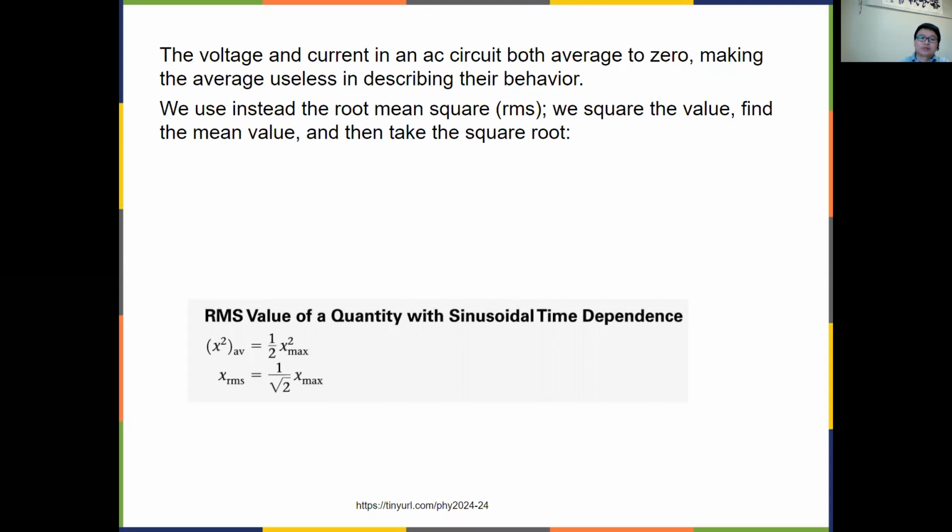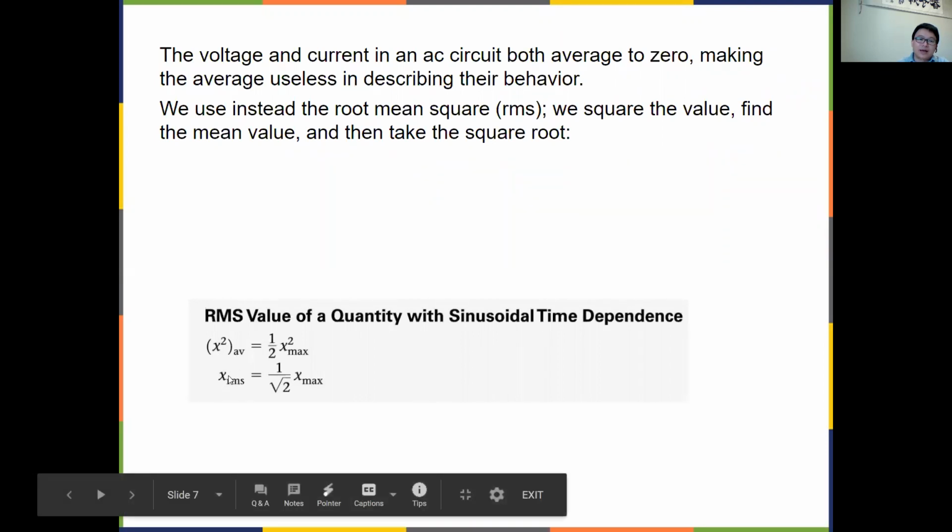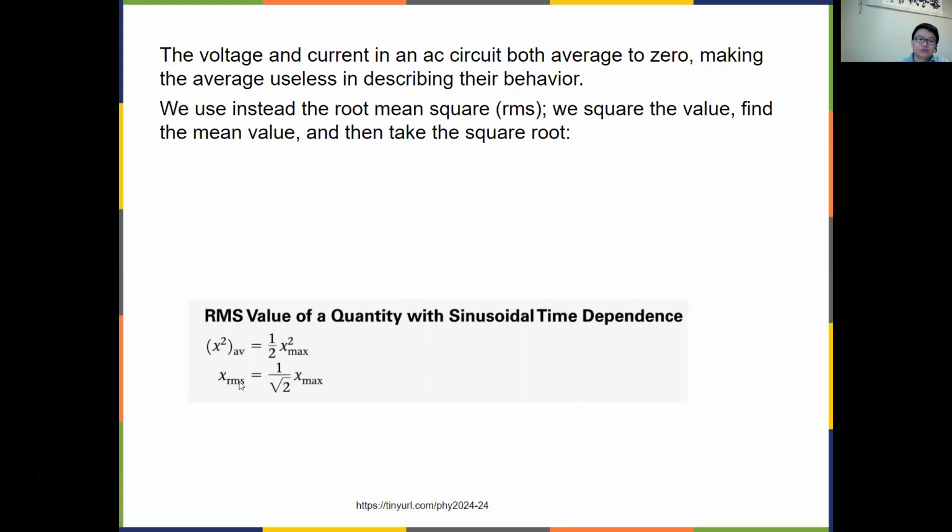This is just a quick review of root mean square quantities that we learned in thermodynamics when we described the motion of gas molecules. The root mean square of a quantity x is equal to the square root of the average of the square of that quantity.